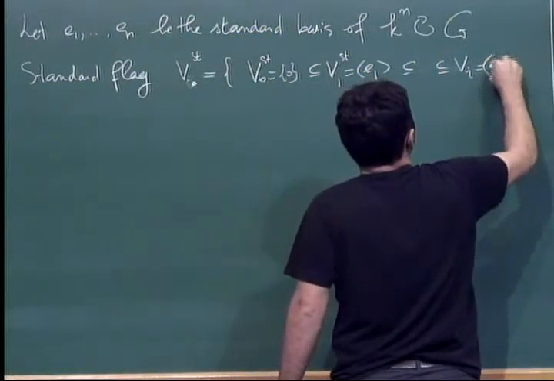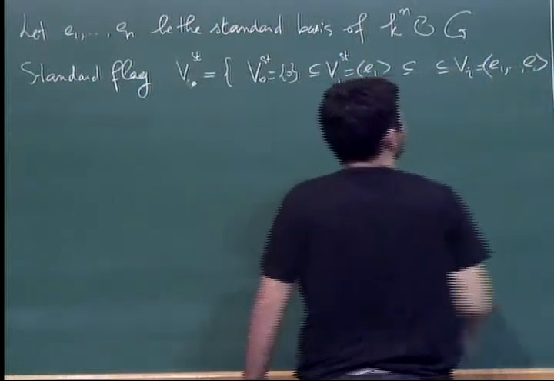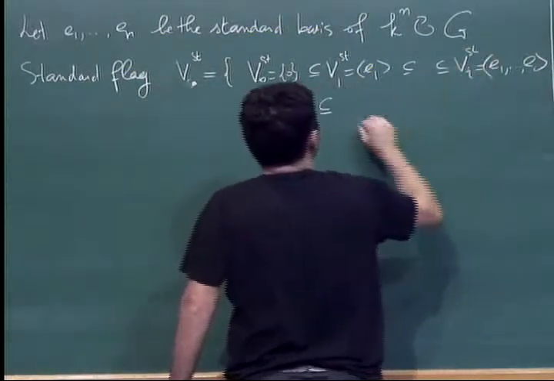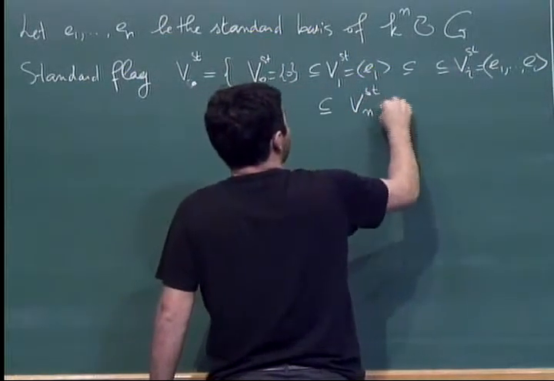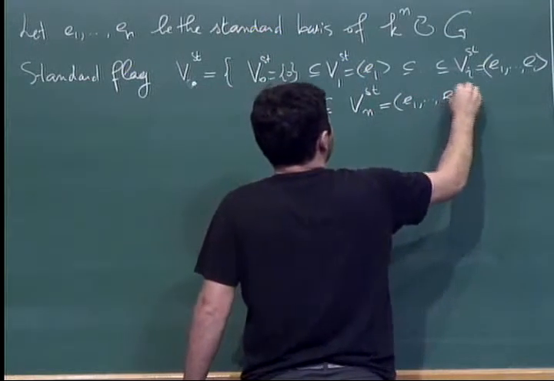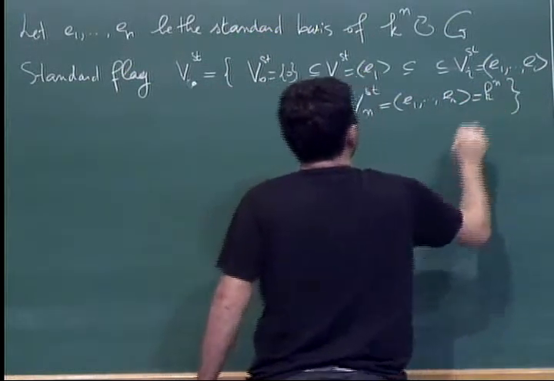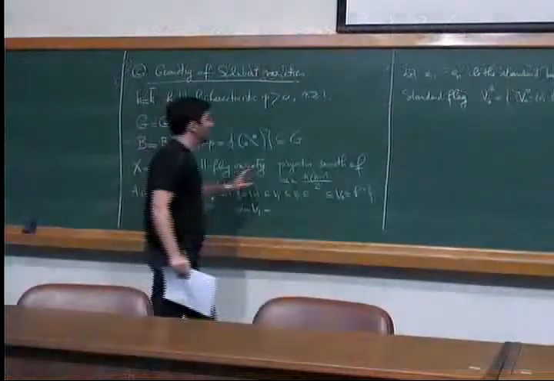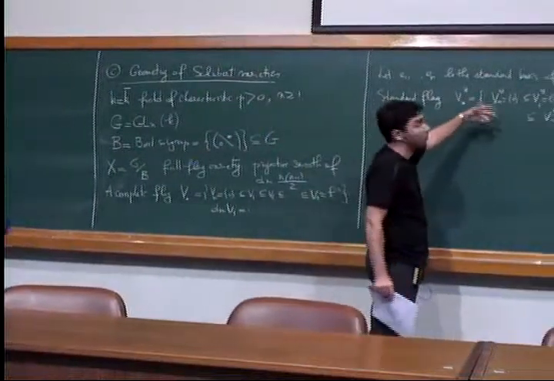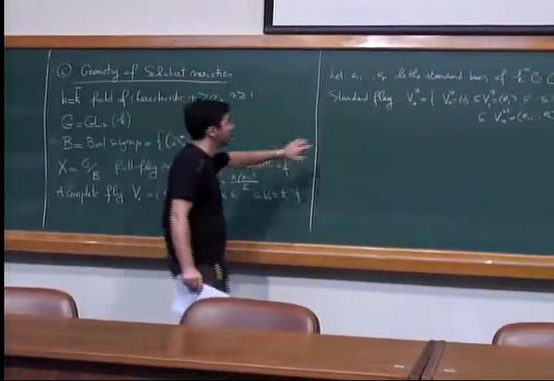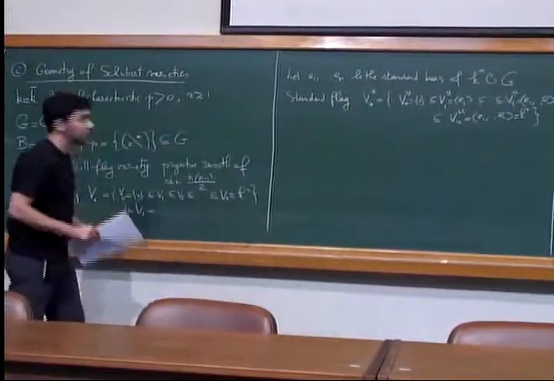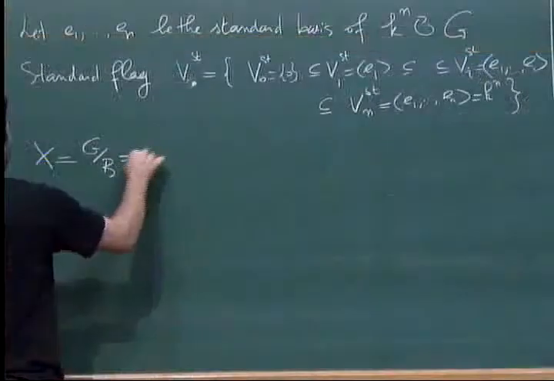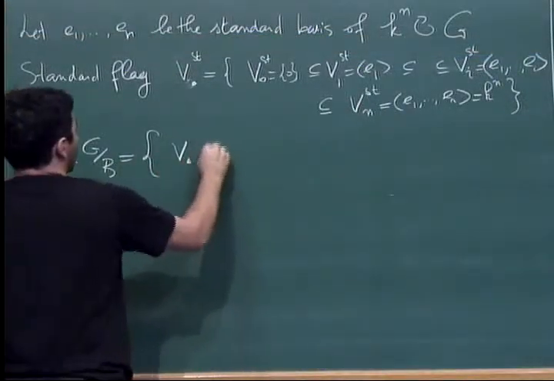Vi is generated by e1 up to ei, and in the end you get k^n. And you see that the group G acts on the set of flags, and the stabilizer of this one is precisely the Borel subgroup. So in this way, you can see that G/B is exactly the set of complete flags.